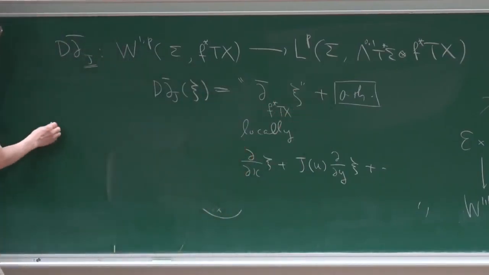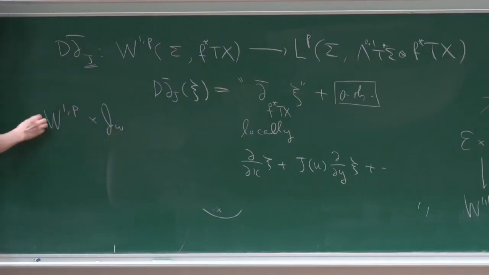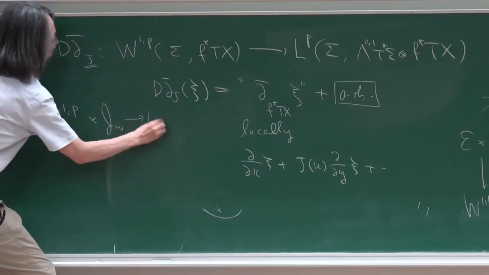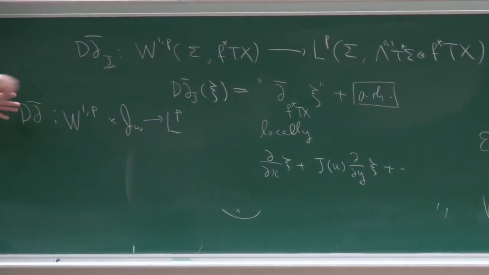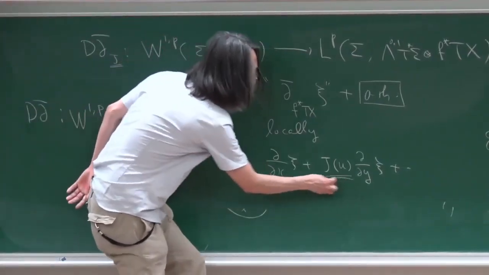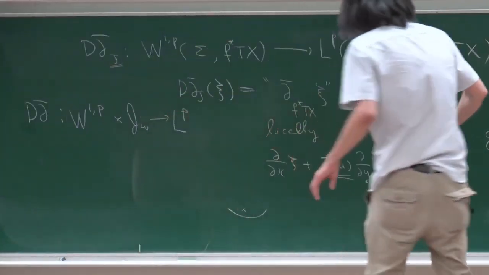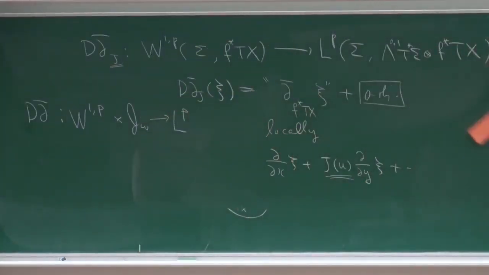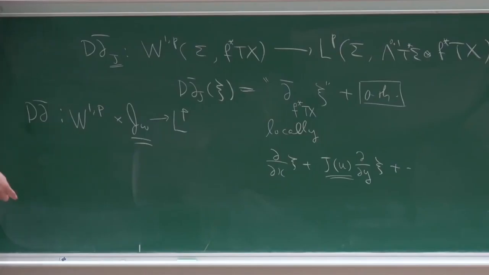But now we consider W1P and J omega, to this L P. So we just add this part, more variation, and therefore we can change this. If you differentiate in this direction, what happens?